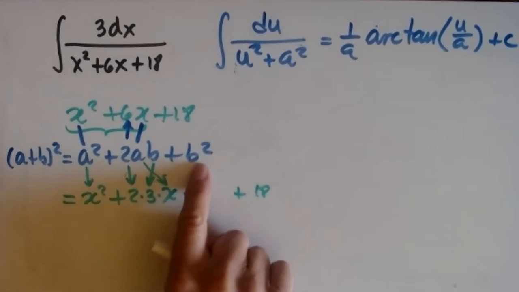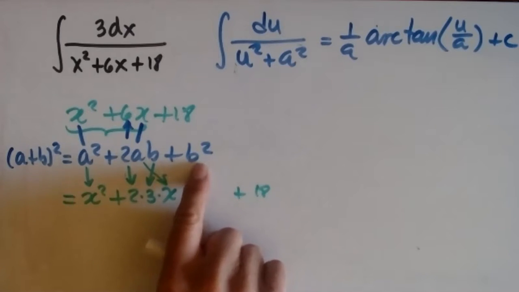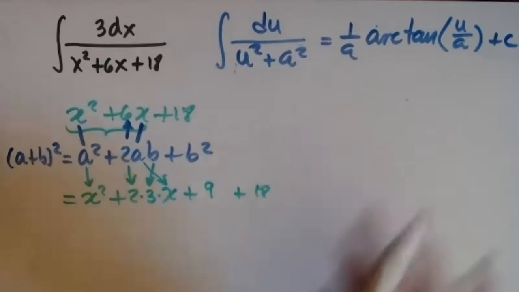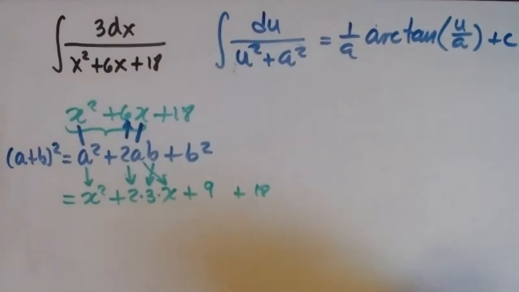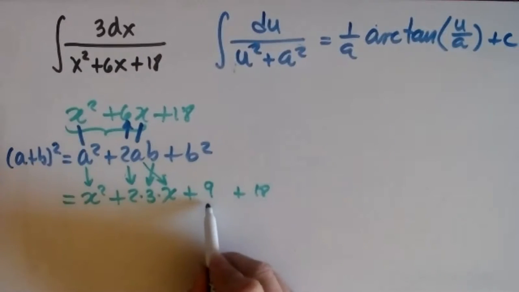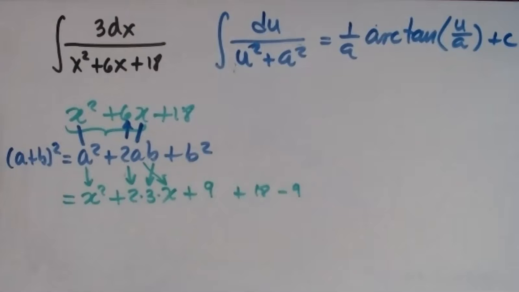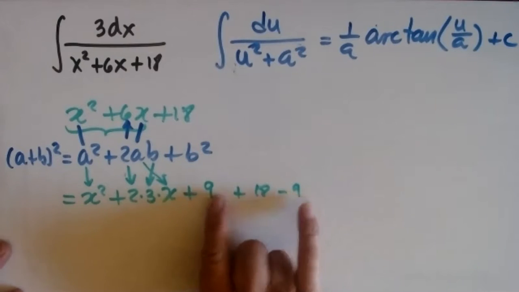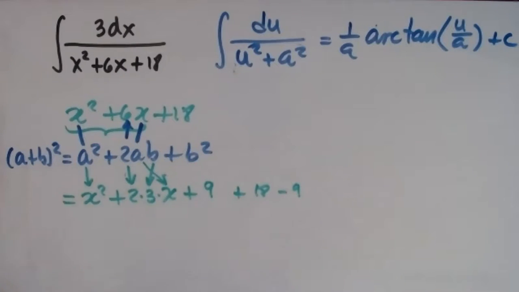Now, the formula asks me for a b squared. So, if b is 3, b squared is 9, correct? B squared is 9. And if I put a 9, I have to remove the 9 also, correct? Because I have to keep the same expression. 9 minus 9 is 0. I have the 18. I have exactly the same expression. Now, this is the point.